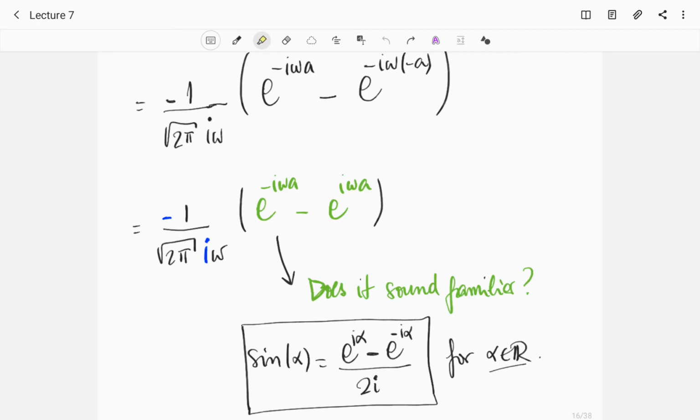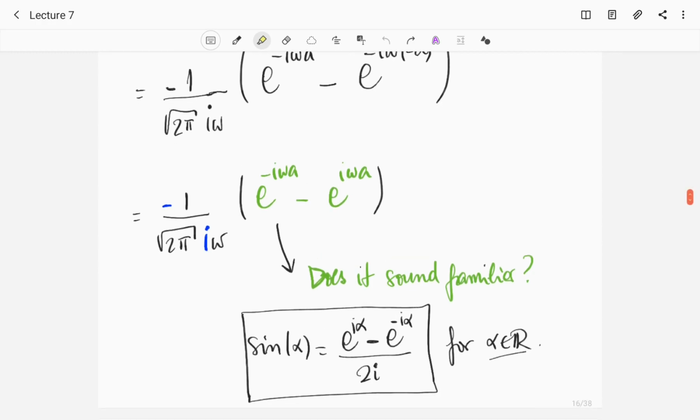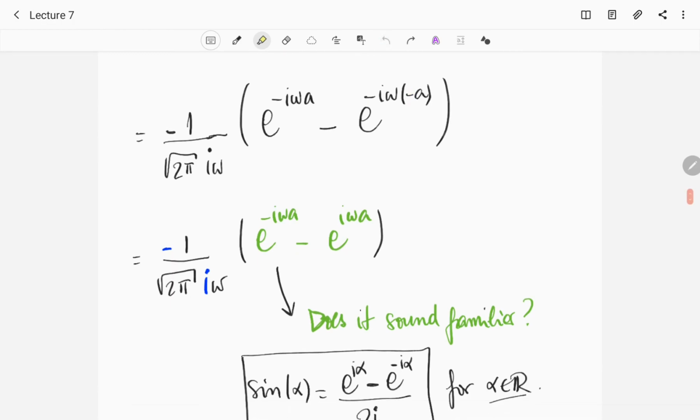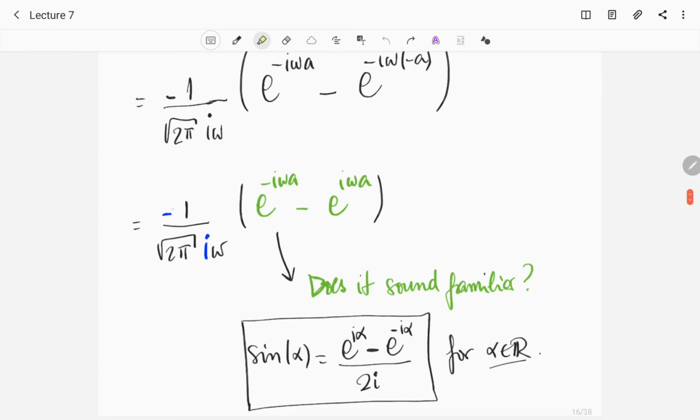I don't know if you maybe remember from the previous part of the lecture. So let's take a look at what we have here. This minus with this minus became here a plus. So then we can also see that this minus with this, no, sorry.